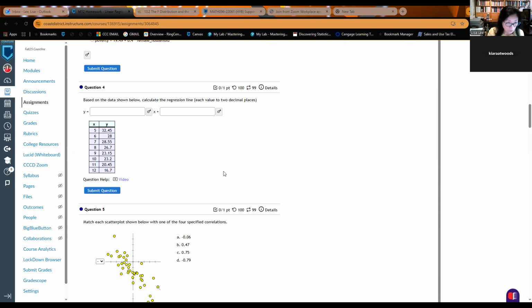Okay, Y. 1, 2, 3, 4, 5, 6, 7, 8. There are 8 pairs. On the side, the Y values are put under L2.